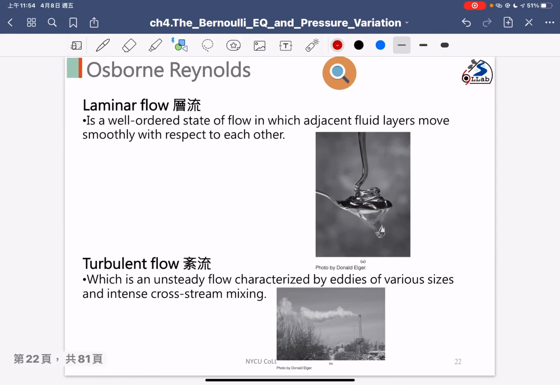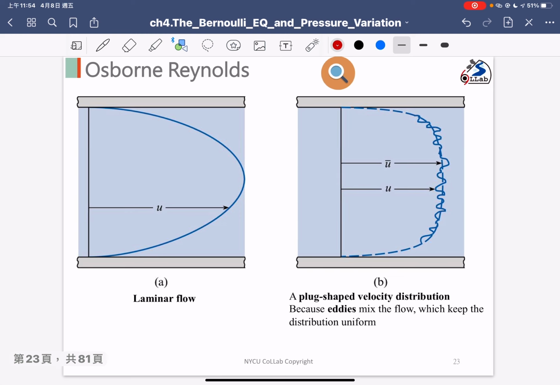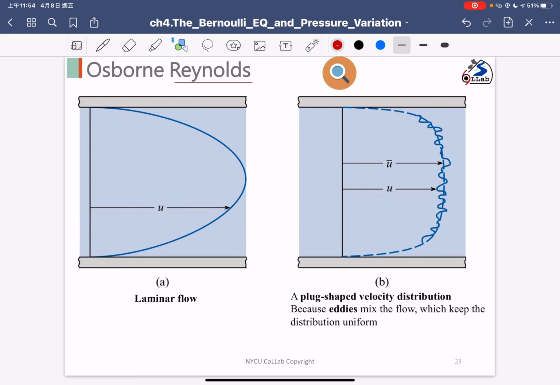Okay, and the two important flow conditions: the first one we call laminar flow, and the second one is turbulent flow. So how can we distinguish how different they are? The author Reynolds defined the Reynolds number to distinguish laminar flow or turbulent flow.